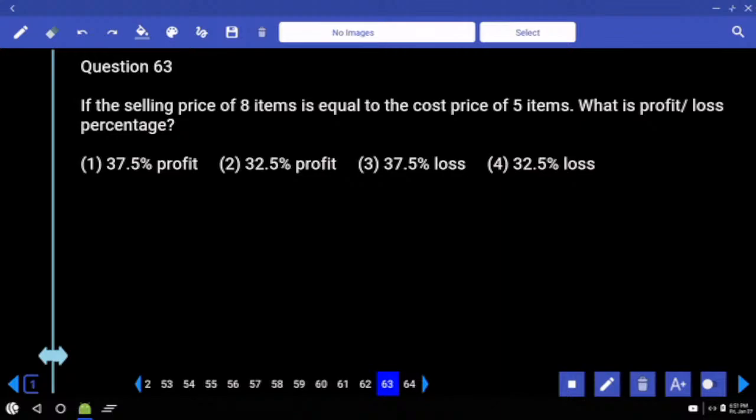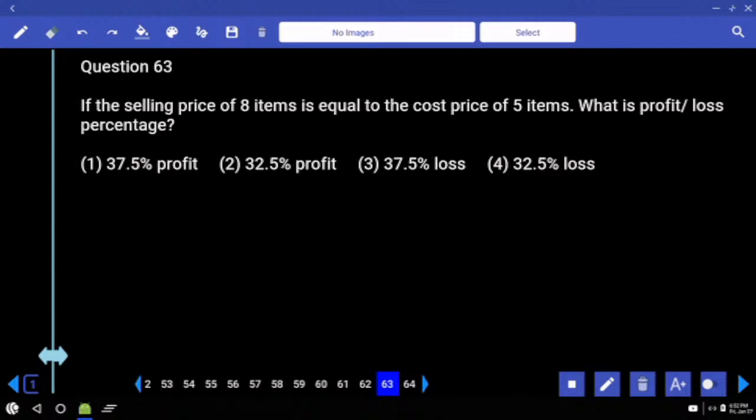ఎప్పుడైతే if the selling price of 8 items is equal to cost price of 5 items, I told you one trick in the earlier classes also. Whenever you're talking about items, cost price దగ్గర ఎక్కువ ఉండాలి, selling price దగ్గర తక్కువ ఉండాలి, then it's a profit. When here selling price లో items ఎక్కువ ఉన్నాయి అంటే ఇది లాస్, straight loss it is. మళ్ళీ if you want to revisit the concept, I'm telling you again.